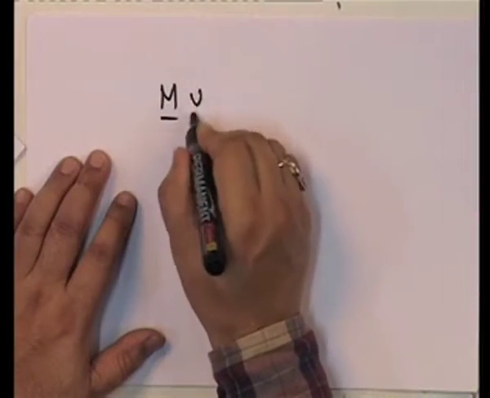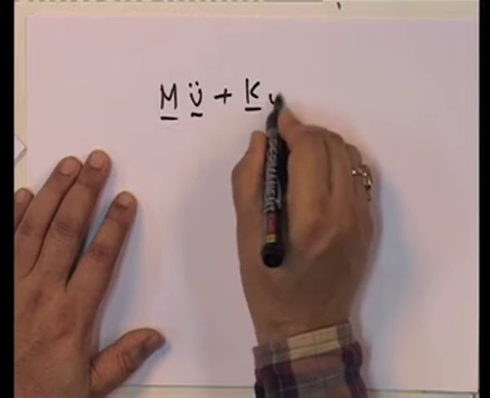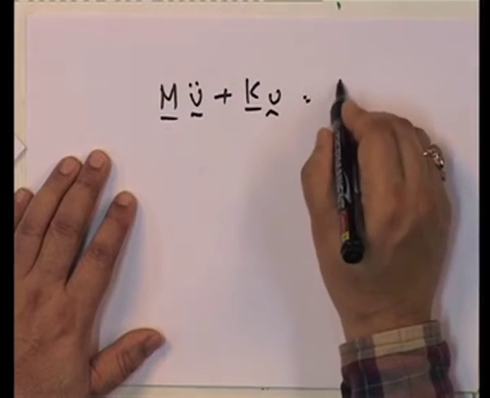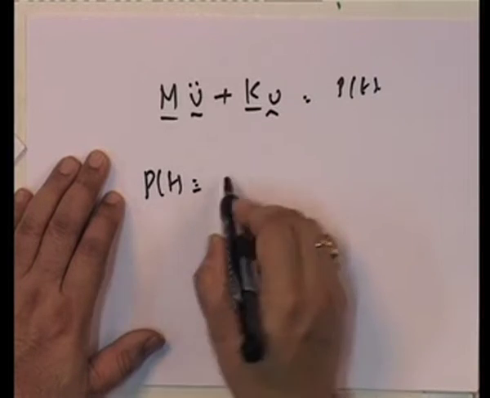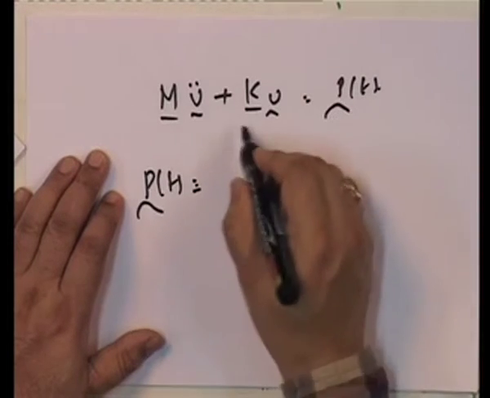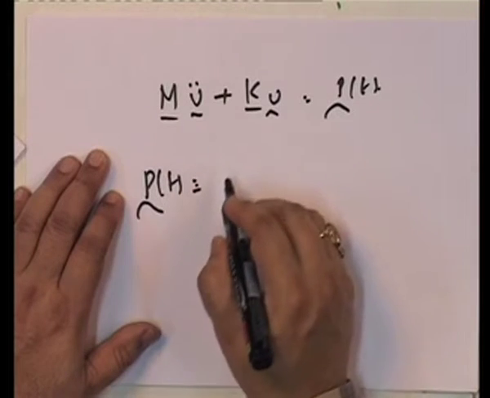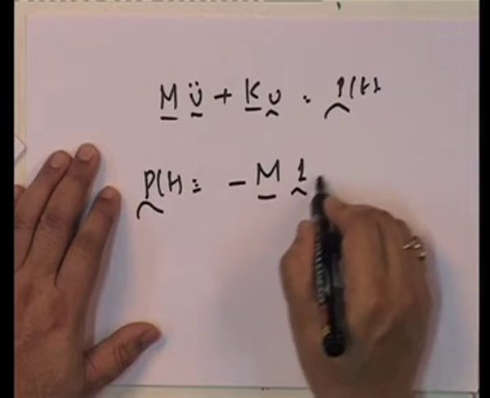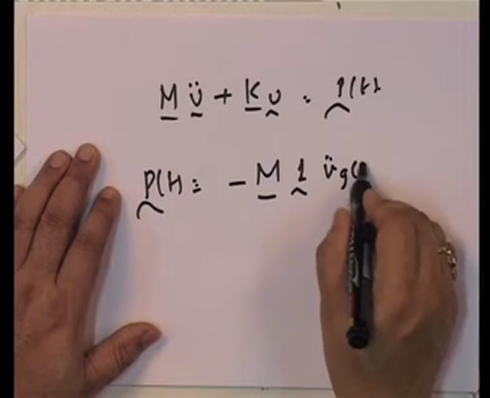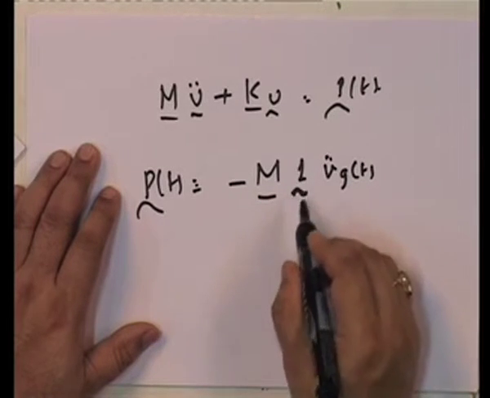So, we have a situation where we have m v double dot plus k v is equal to p of t, where p of t, if you look at it, is a vector. The P of t is nothing but minus m into a vector of 1s into v g double dot of t. Okay.